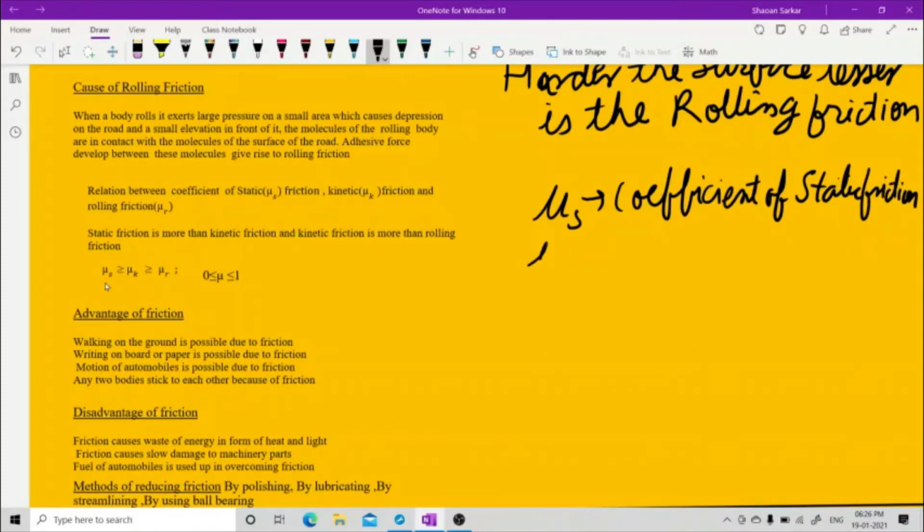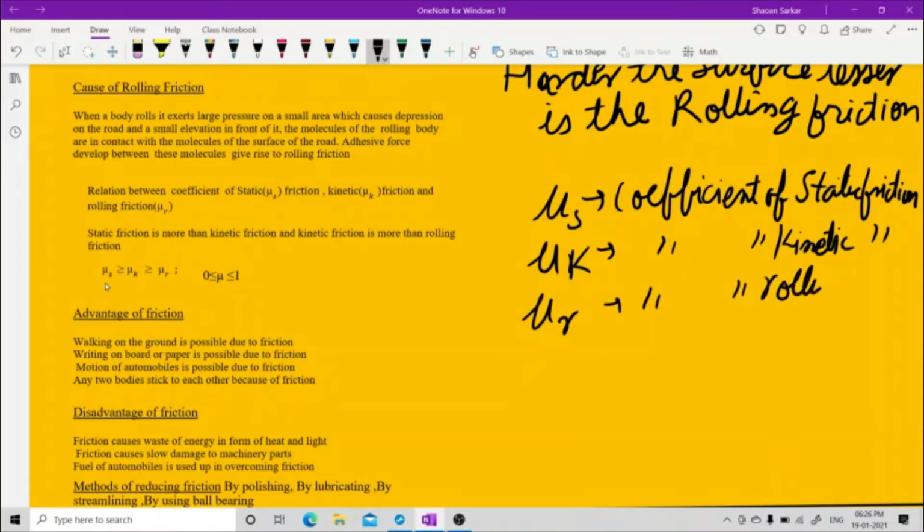Then mu k is the coefficient of kinetic friction, because the body is in motion, and mu r is the coefficient of rolling friction. They are just different values. And remember, the rolling friction is always less than the kinetic, which is always less than the static friction.